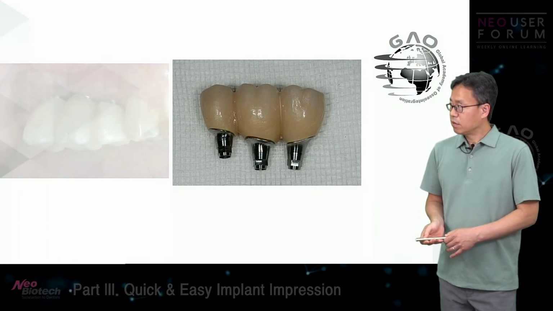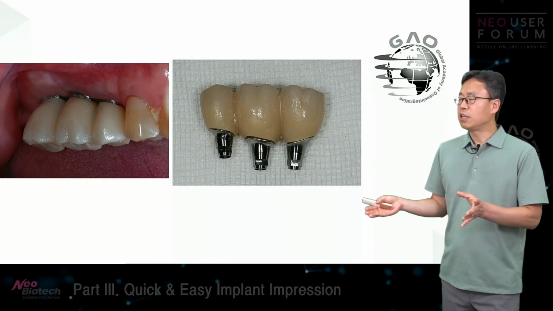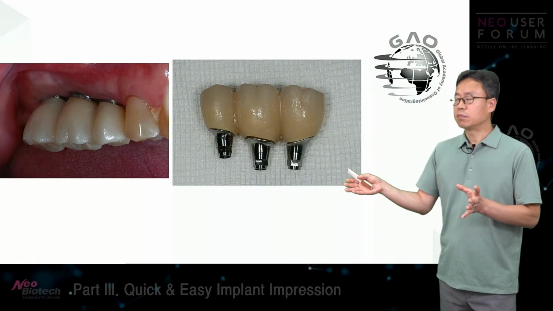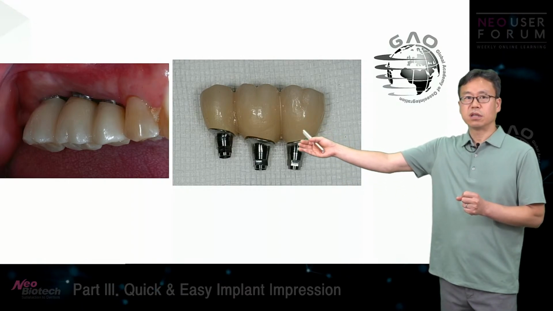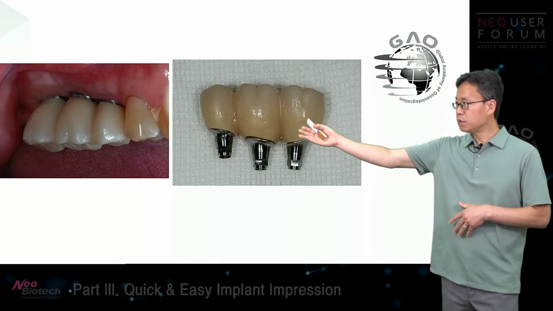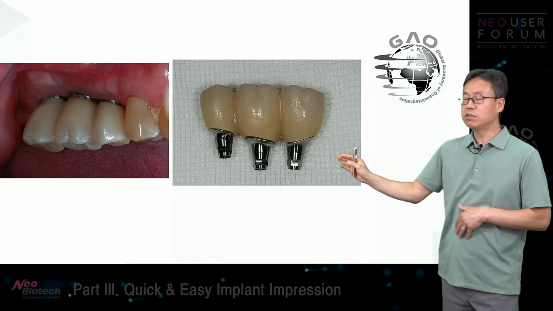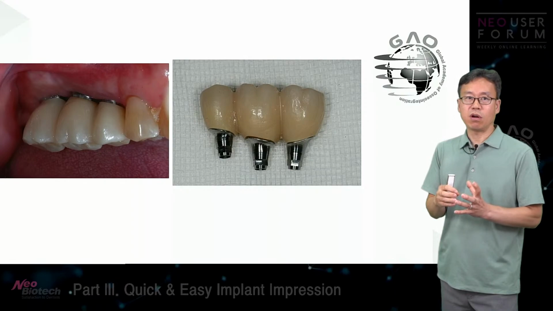But then, what you notice in patient's mouth is that these crowns are not fitted properly. This is pretty much as good as it can get. You can see the gaps between the abutments and the crowns, and they wouldn't go down anymore.